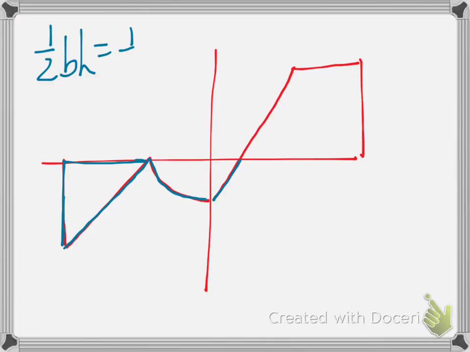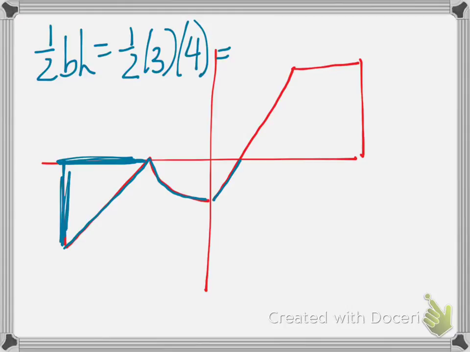This is our base over here, so just look at the picture and you'll see it is 1, 2, 3 units. And our height is this, and that is 4 units. So we have 1/2 of 12, which is equal to 6. But where is the 6 located? It's down here below the axes, so that's really going to be a -6. So far we have a -6. I'm going to put it down here.